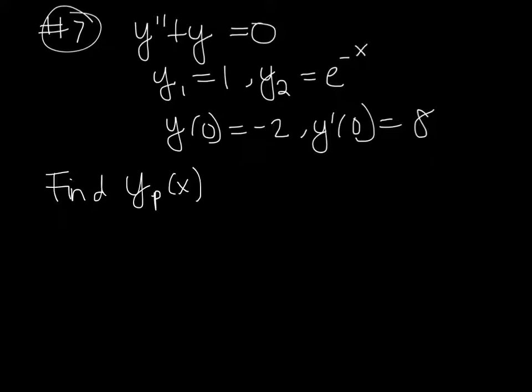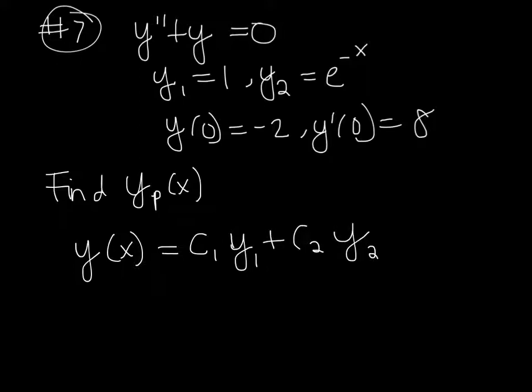And again, we know our general solution, right? Our general solution is C1 y sub 1 plus C2 y sub 2. And they give us our y1 and our y2. Here's our y1 and here is our y2.